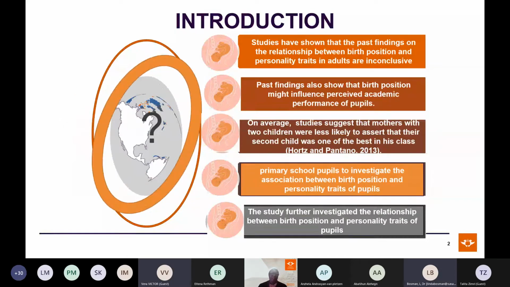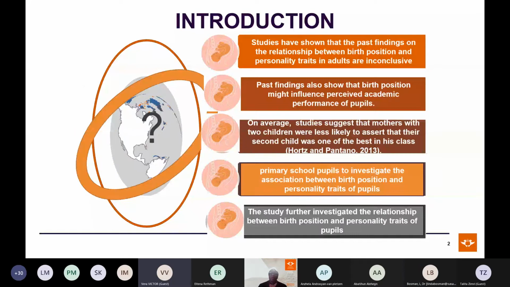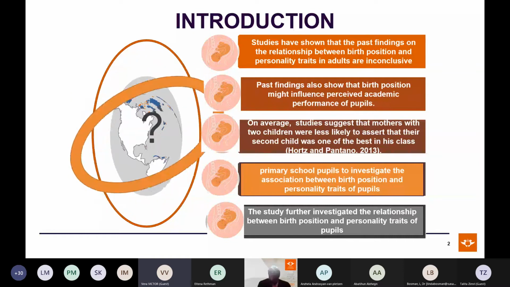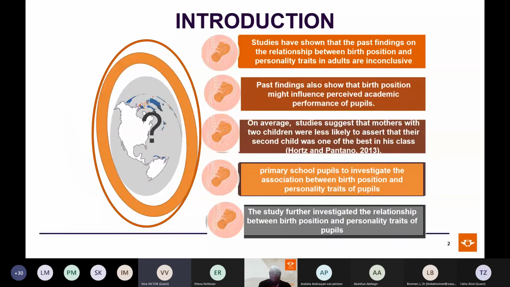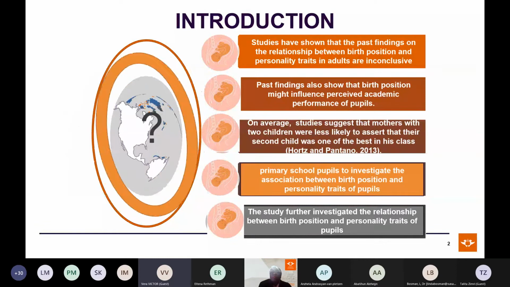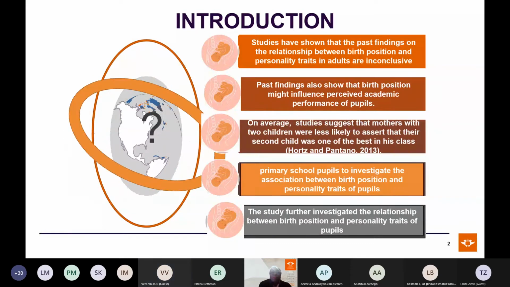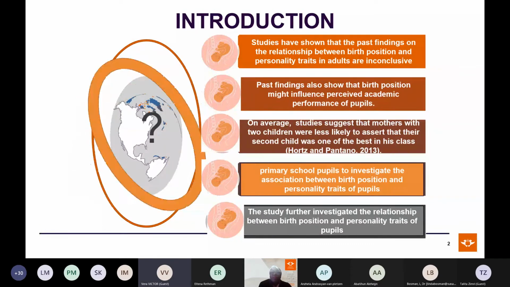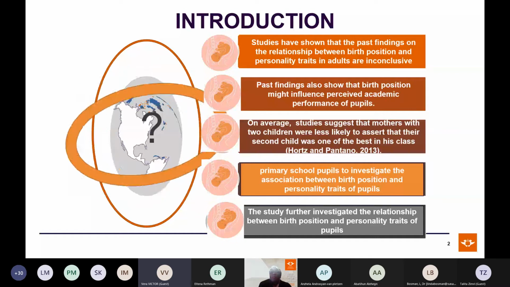Okay. We are looking at the extent to which birth position correlates with the big five personality traits and academic achievement among primary school pupils. Our study examined the long-standing question of whether a child's birth position correlates with his or her personality traits.